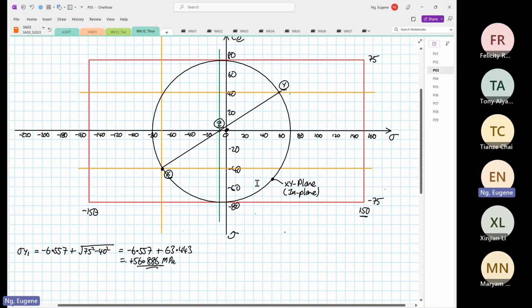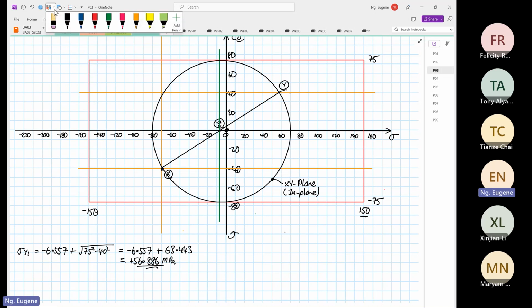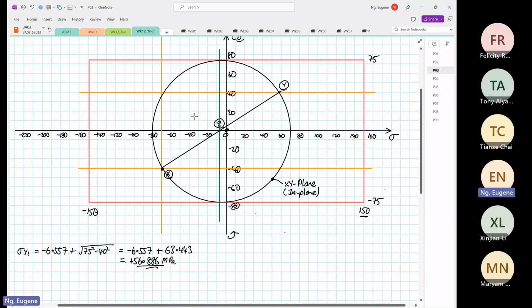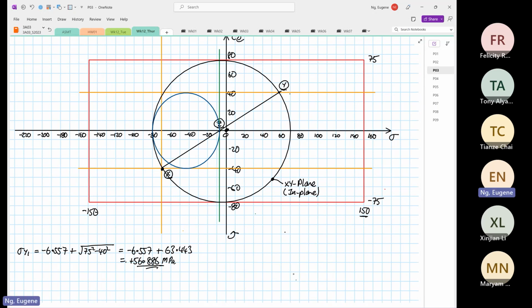And then the other one. Now this is from point Z, not from point O. Again, this is just a sketch. This one does not look very circular.